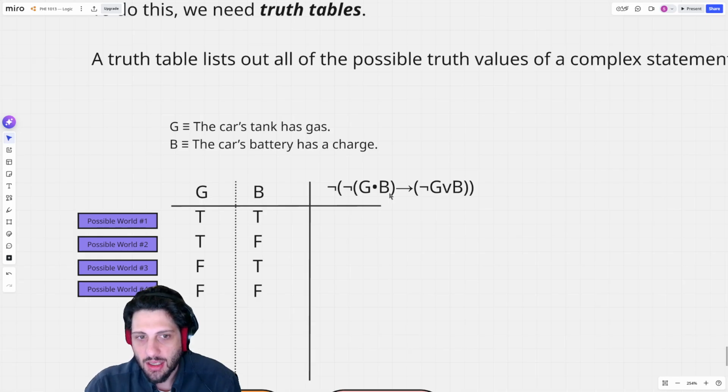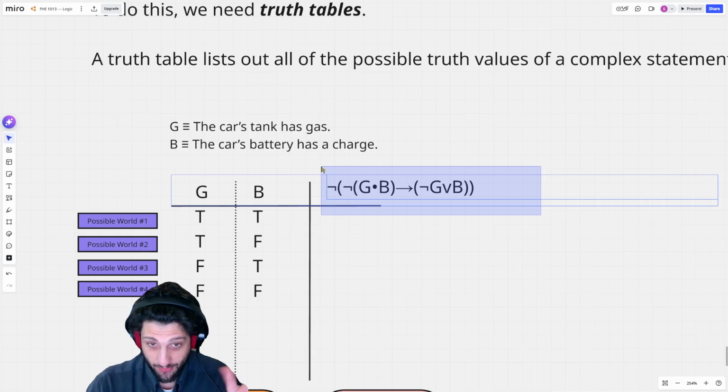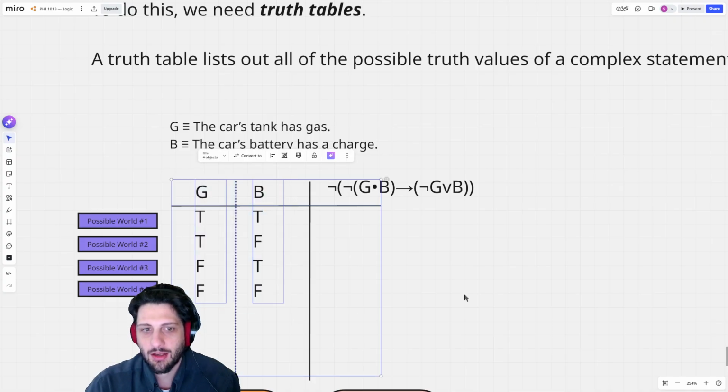So whatever it says in English, however we're supposed to digest that, the truth value is going to be based on these things, right?